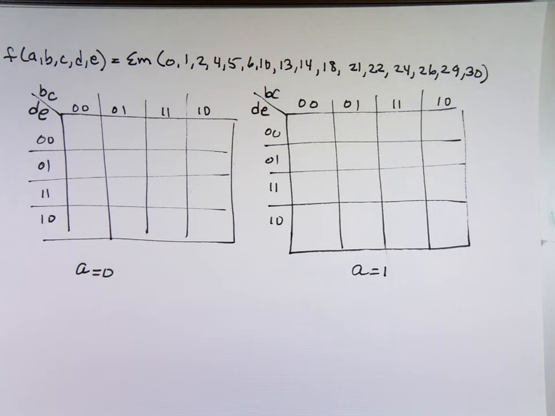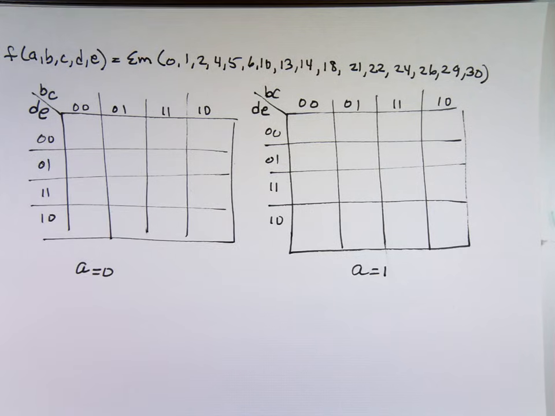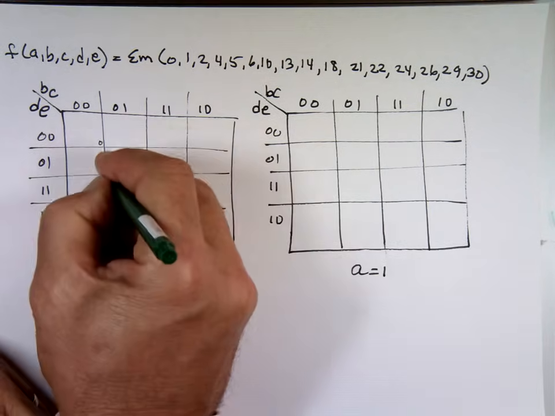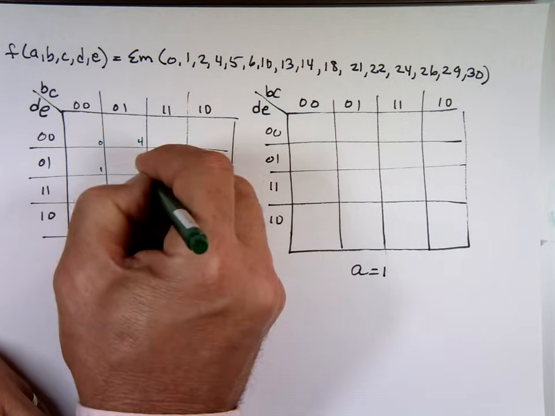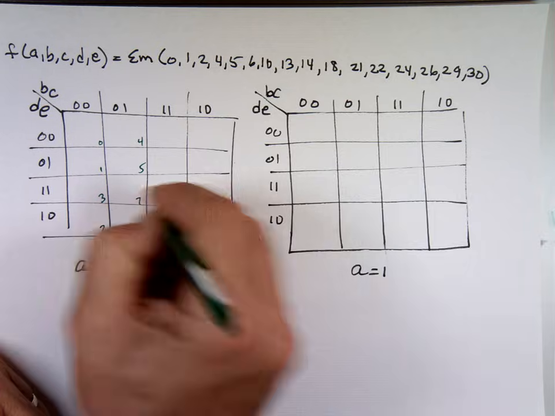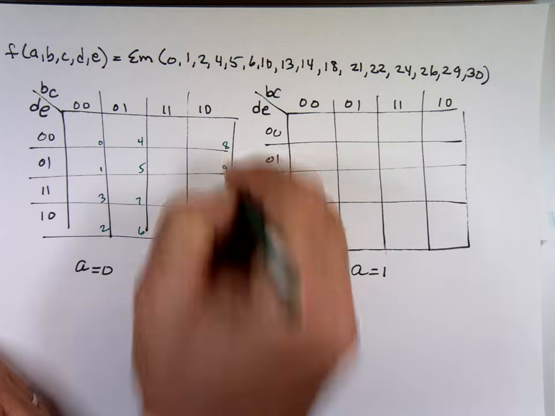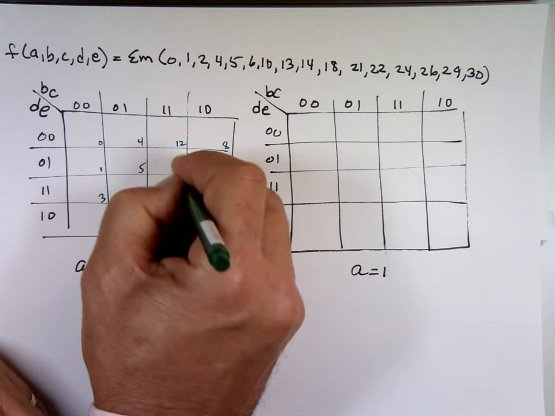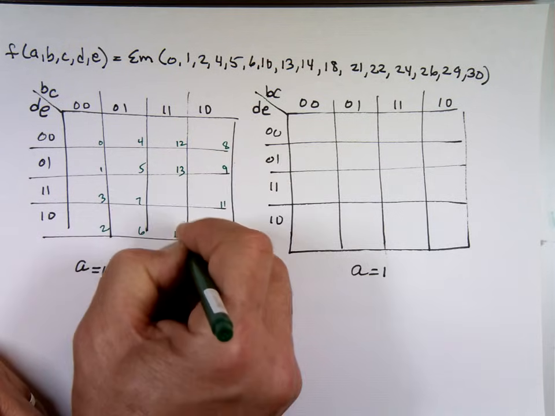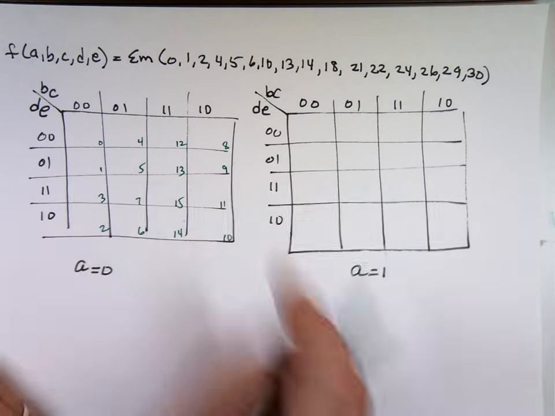Now, when I label the numbers, since A is 0, that's the most significant bit. That's 0, 1, 2, 3, 4, 5, 6, 7, 8, 9, 10, 11, 12, 13, 14, 15. Now A is 1.